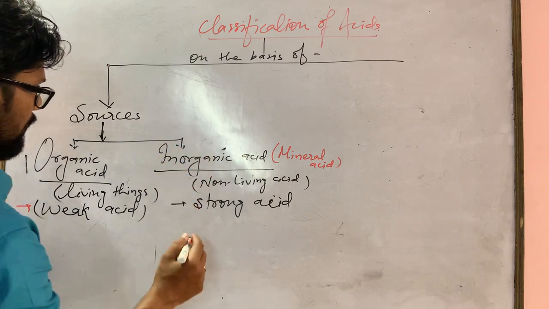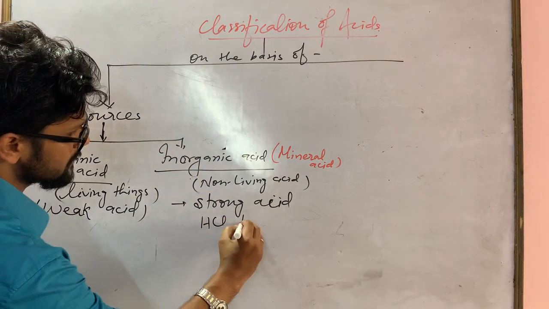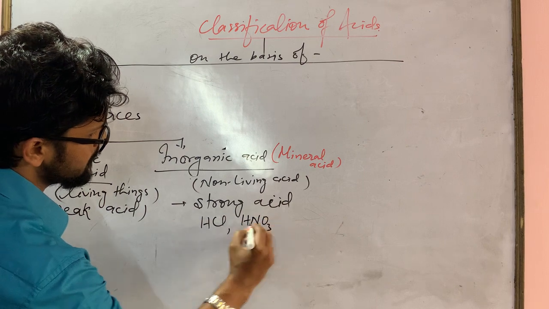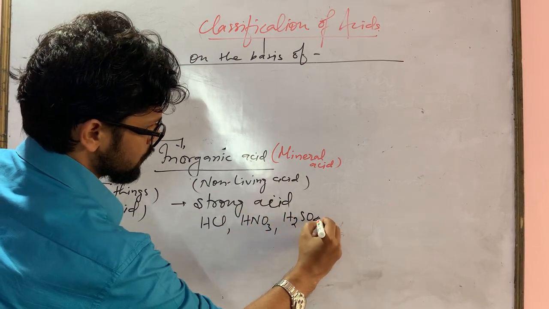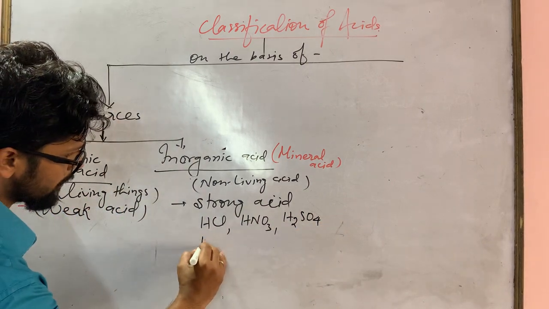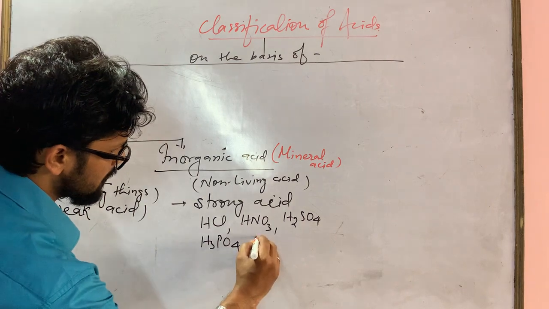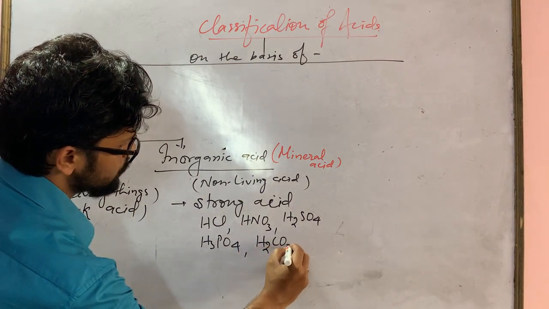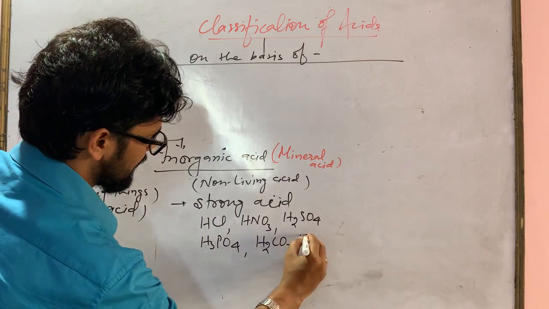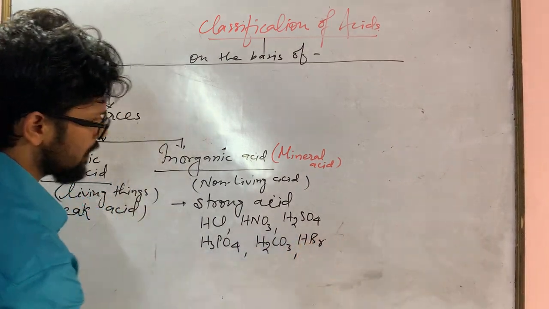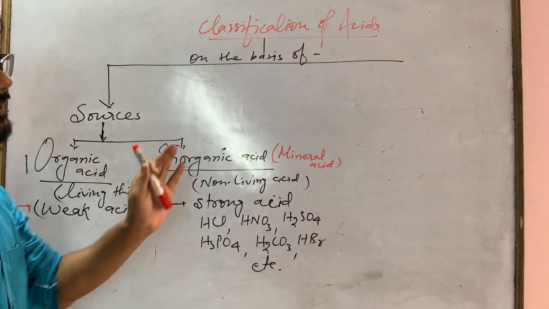So for examples, now I'm going to write examples. Mineral acids are hydrochloric acid, nitric acid, HNO3, sulfuric acid, H2SO4. Then more examples are phosphoric acid, H3PO4, carbonic acid, H2CO3. There are many more examples like hydrogen bromide, etc. These all are examples of inorganic acids.